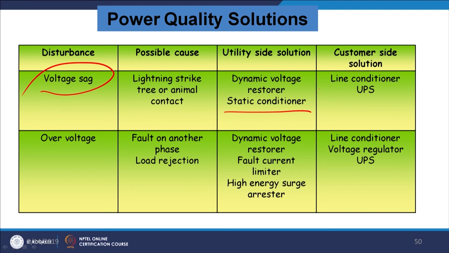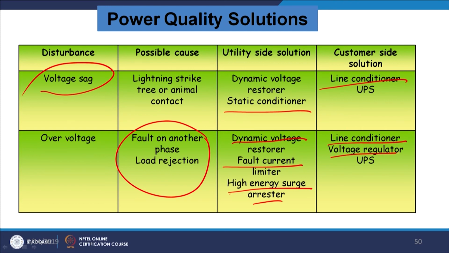The consumer side solution can be a UPS. For over voltage, caused by a fault in one phase, the utility solution can be a dynamic voltage restorer, voltage current limiter, or high energy surge arrestor, and the customer side solution is a line conditioner, voltage regulator, or UPS.